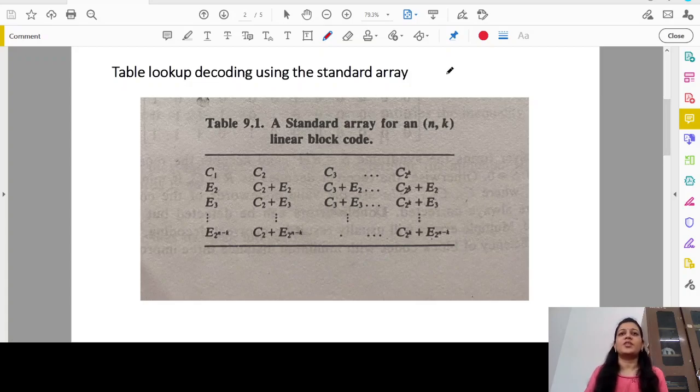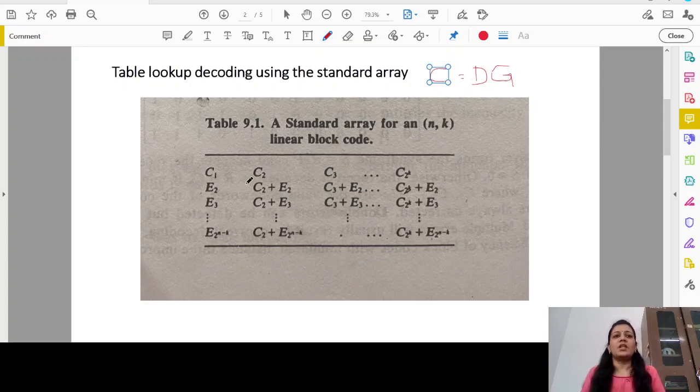So till now we have seen how to generate the code word C. If you are given a particular data D, we will multiply the data with a generator matrix and obtain the code vector C. Here we consider all combinations of data in order to obtain the code words. If the data length is k, you will obtain 2 power k code words.